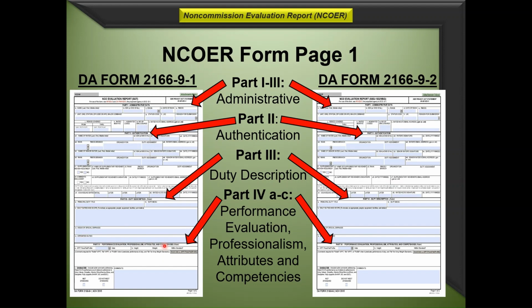Okay. So again, looking on the right side of the screen, all right, we have covered the authentication piece and the duty description. Okay. So now we are going to get into the performance evaluation portion of the actual NCOER. All right. So the first thing is the APFT.